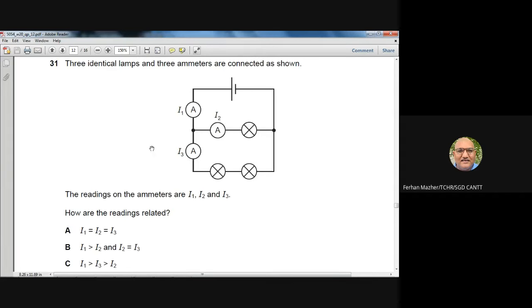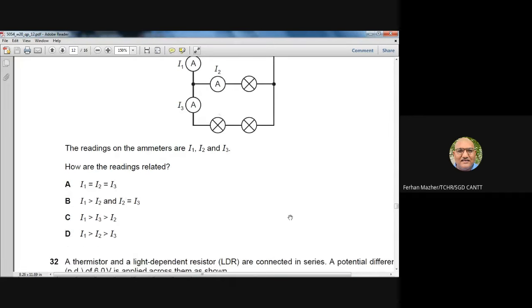So it means that I1 is the largest in amount, then I2, and then I3. How are the readings related? I1 will be the greatest, then I2, and I2 will be greater than I3. I1 is greatest of all.